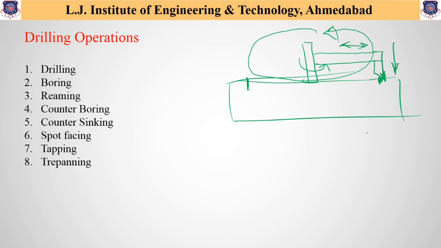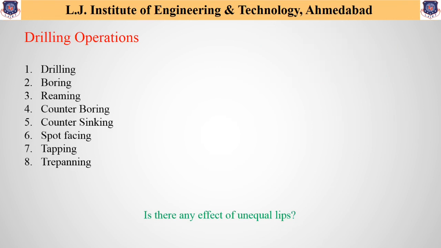So these are the different operations that can be performed on the drilling machine, and for all these operations different types of tools are used for machining purpose. Now we have one question, that is, is there any effect of unequal lips? So first of all, let us understand what is the meaning of unequal lips. On any drill bit, we now know these particular edges are called the lip, and this point is available at the central axis, and on both sides the same length of the lip is available.